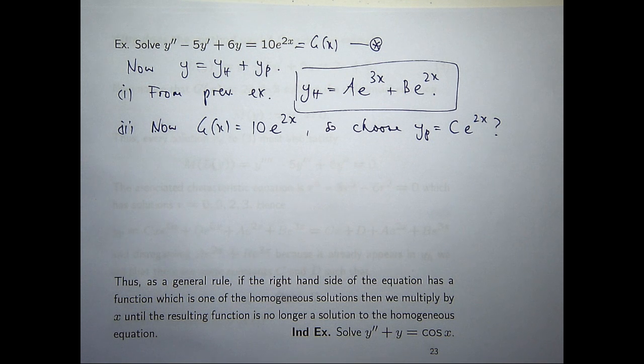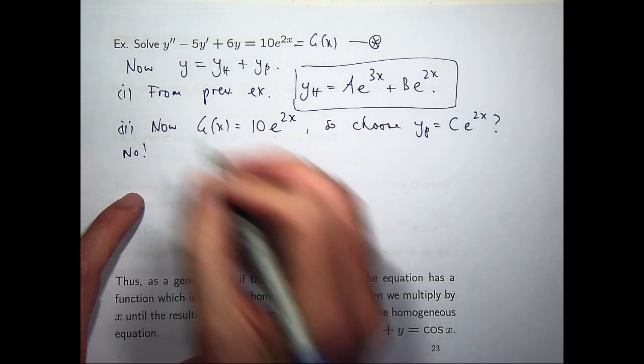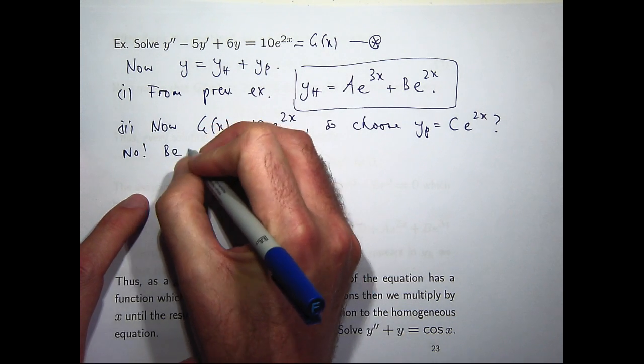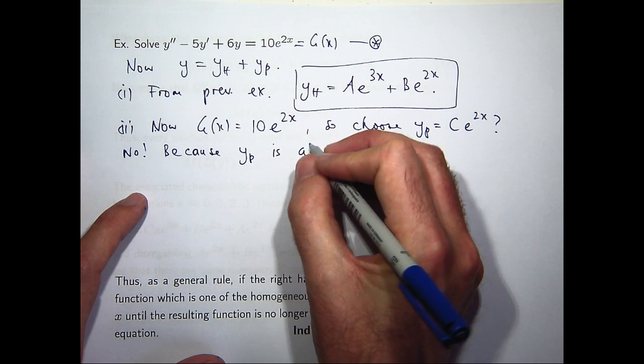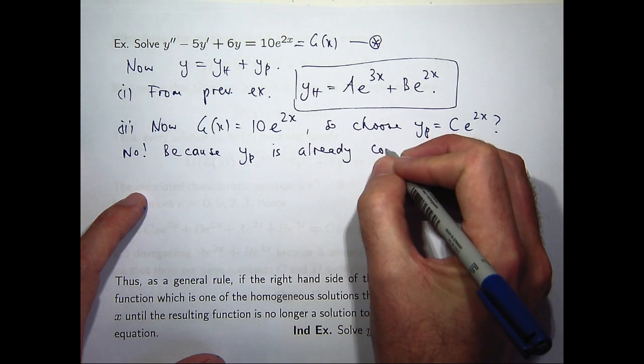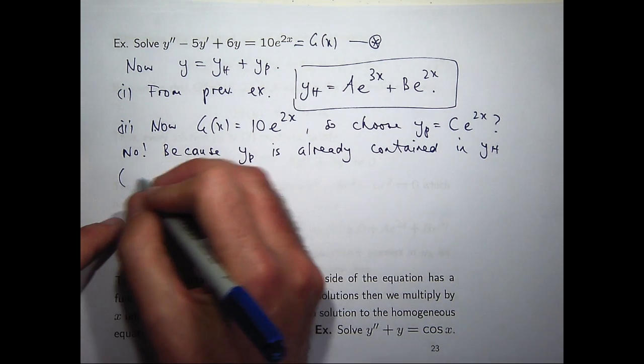Look carefully, the y sub p, the e to the 2x part, is already contained in y sub h. So if I were to add these two solutions together, y sub p would not be bringing anything new. So this is not a good choice, because y sub p is already contained in y sub h, and so it doesn't bring anything new.